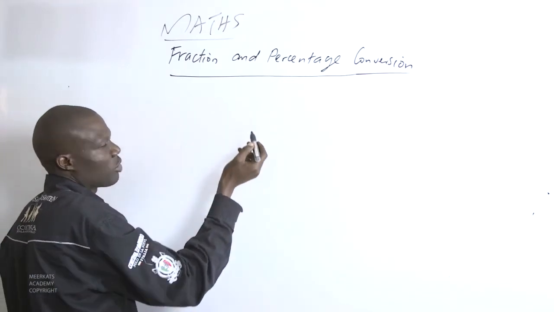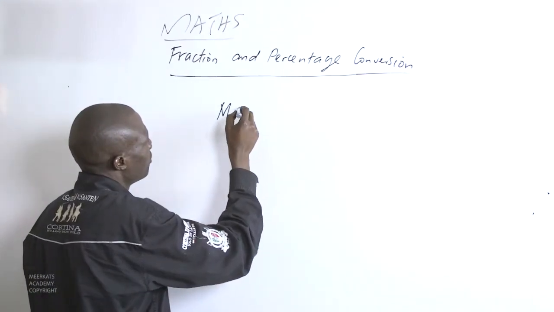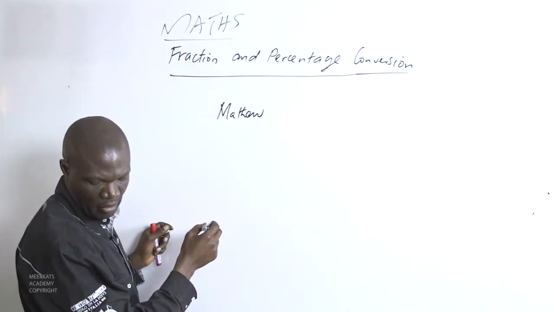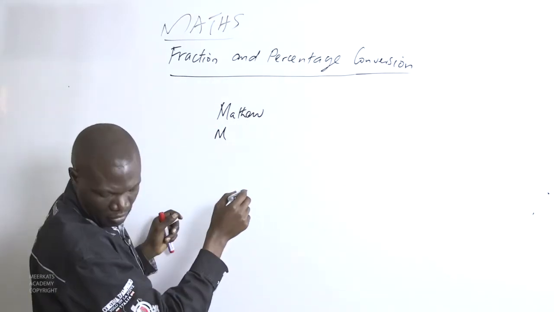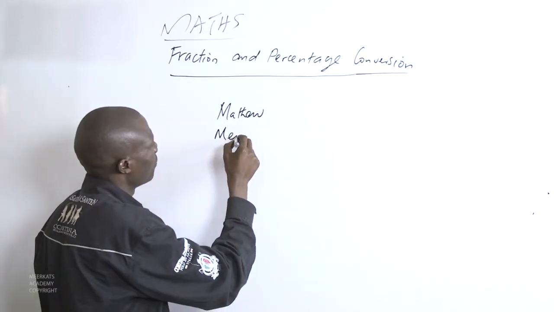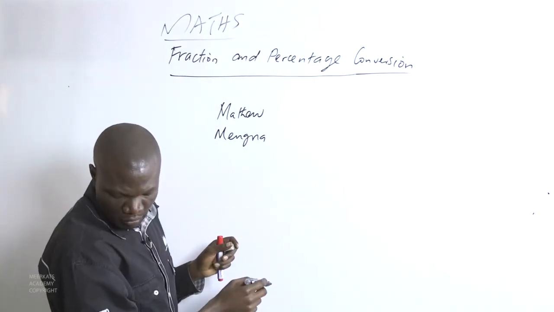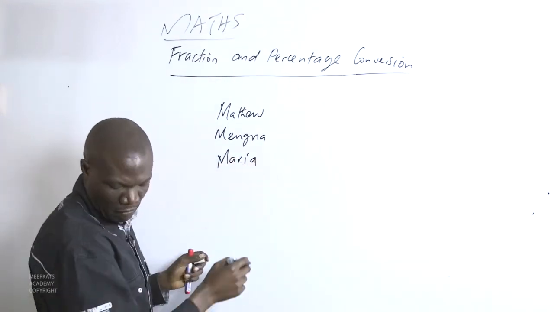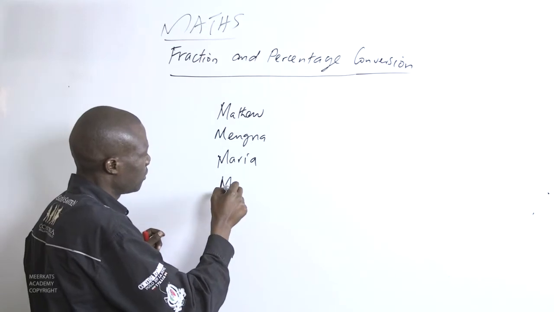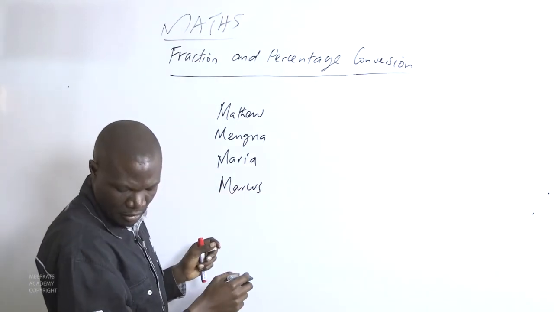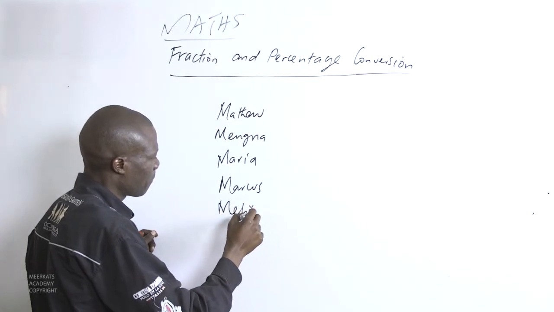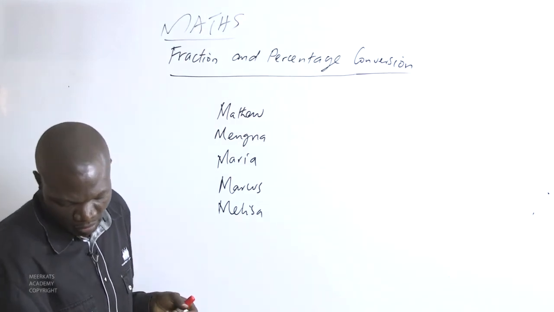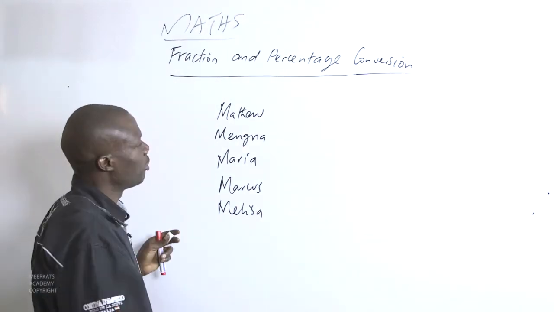We have Matthew, Magna, Maria, Marcus, and Melissa. Matthew scored 15 out of a possible 20 marks.